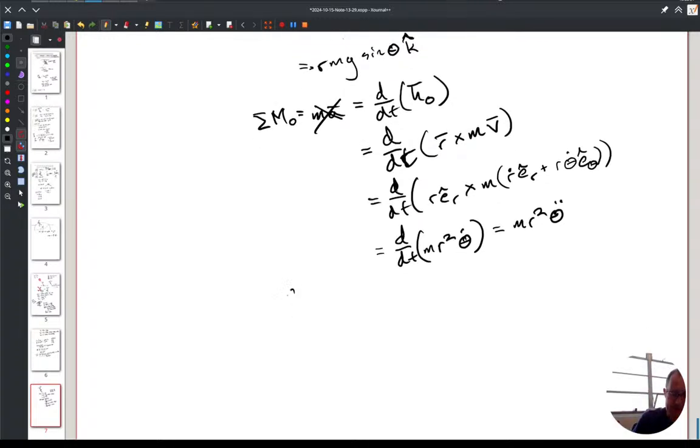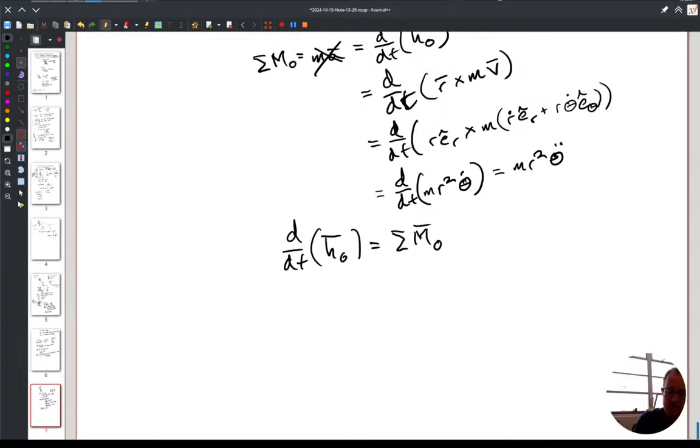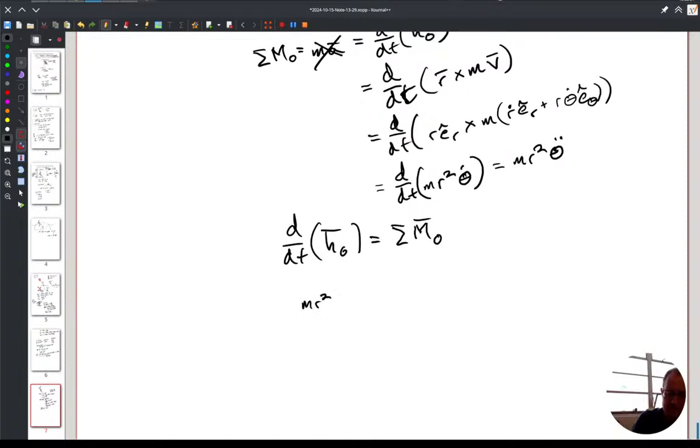So taking both of these together, d/dt of HO equals the sum of the moments around O: m R squared theta double dot equals negative mgR sine theta, or theta double dot equals negative g over R sine theta.